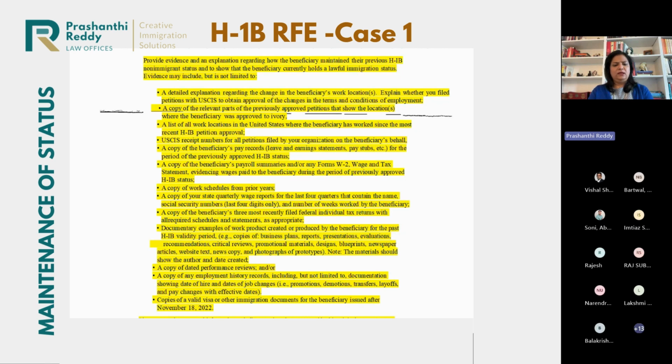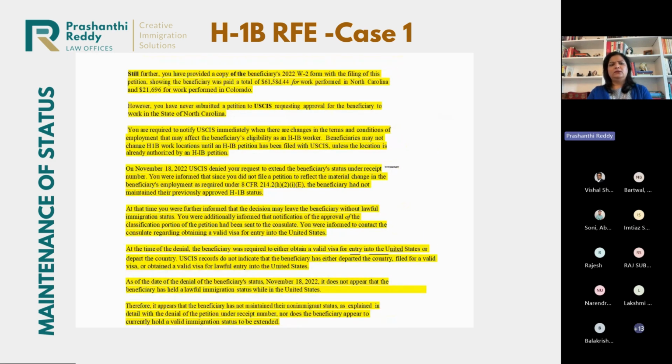They're asking for employment history records, copies of a valid visa to show that you left and re-entered the country. Of course they have nothing, or even if they have any of the documents, it's not going to be in their favor because there was a mistake, and they just continued working on the previous H-1 instead of leaving and coming back after filing a new H-1 and correcting all the mistakes.